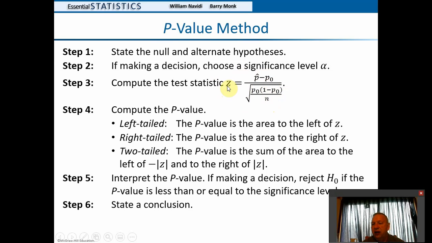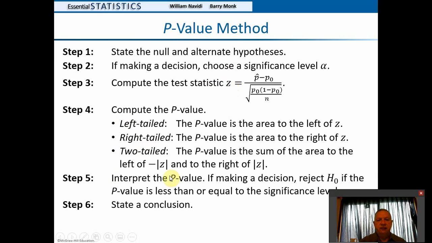And these are z values, so it's the standard normal distribution that we are using to calculate critical values or the p-value. That symbol right there tells us whether we're going to use a t distribution or a z distribution for calculating p-values or critical values. That z says we're going to use the standard normal.